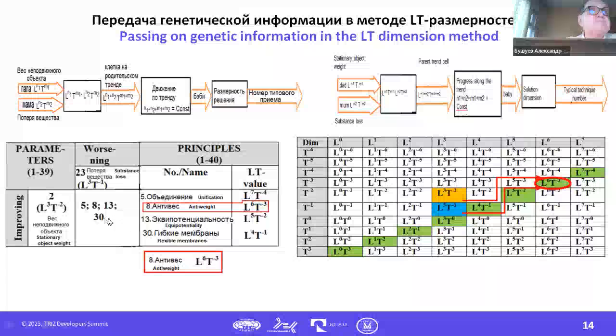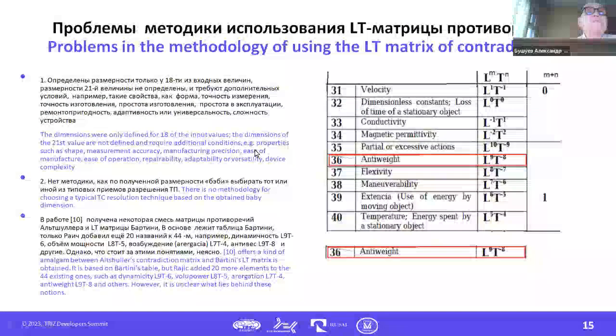Professor Reich suggests calling it anti-weight and equipotentiality. I guess it's a bit too much, but still, these are problems in methodology.